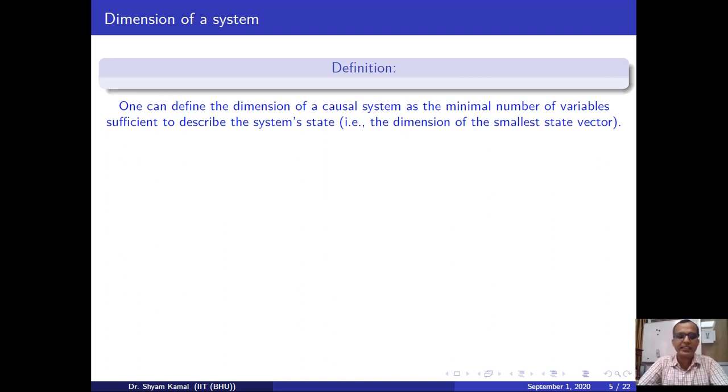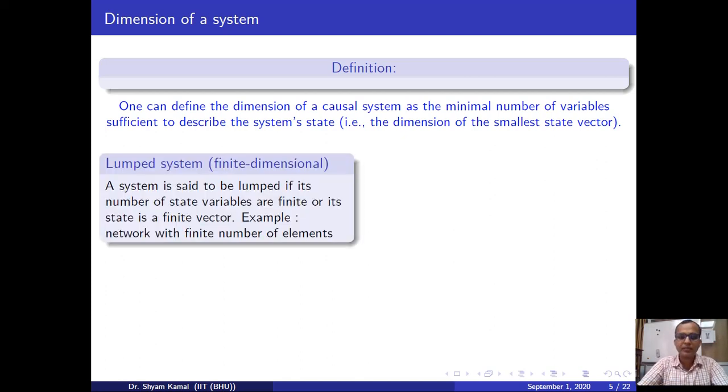Because what we have seen is that I will apply some input, the goal is to predict the output, and in between we have to know the state variables. So the question is how many minimum variables are required to predict the future output, and that is related to the dimension of the system. I have finite dimensional systems as well as infinite dimensional systems. A finite dimensional system is also called a lumped system.